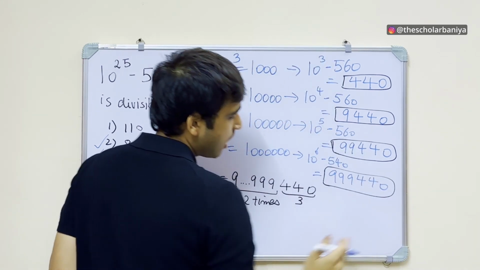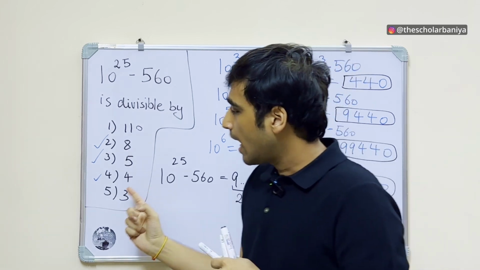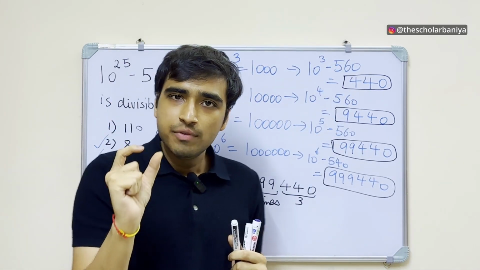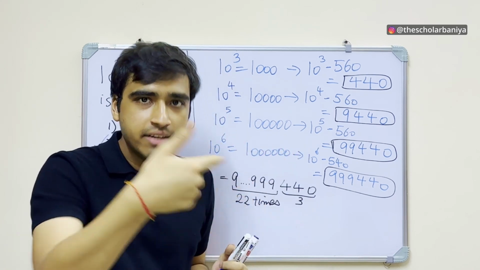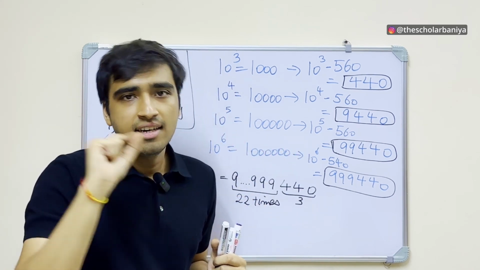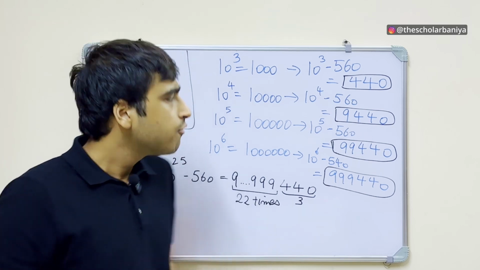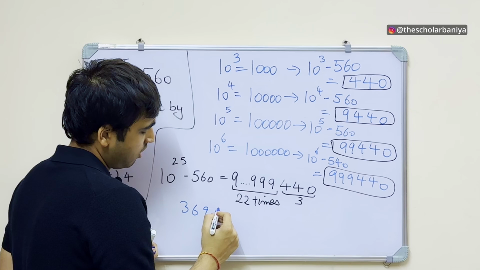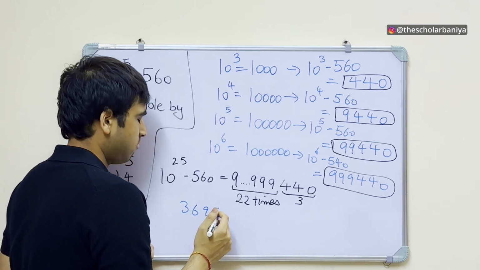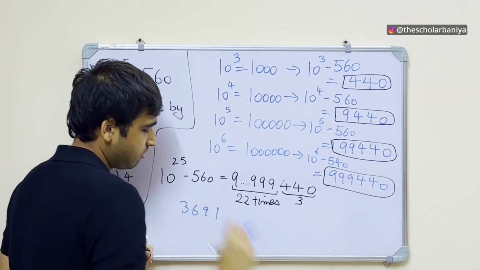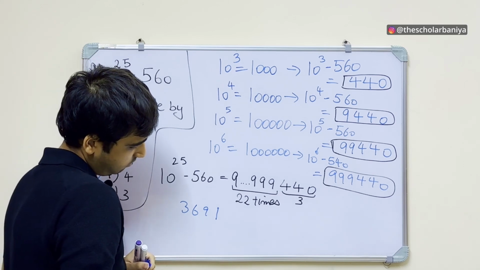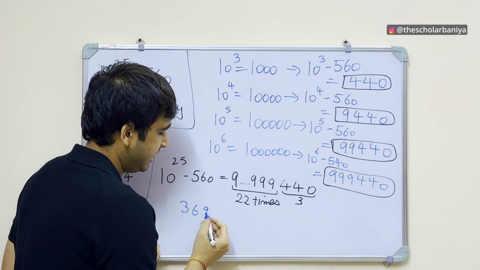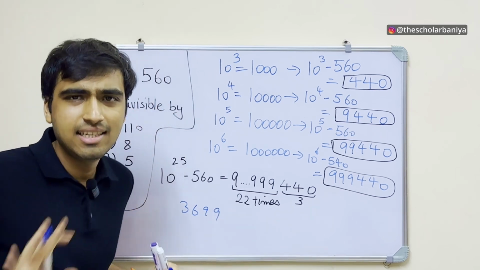Perfect. Now tell me one thing. How do we check the divisibility by 3? To check the divisibility by 3, we take the sum of all the digits and then divide it by 3. If we get an integer, it is divisible by 3. For example, take 3691, or maybe 918.